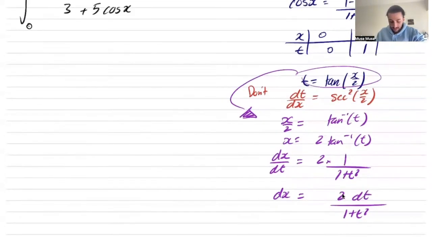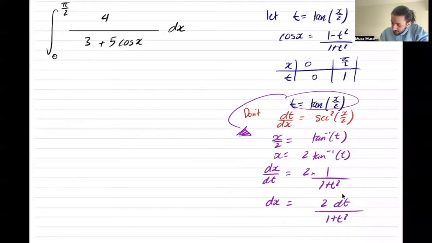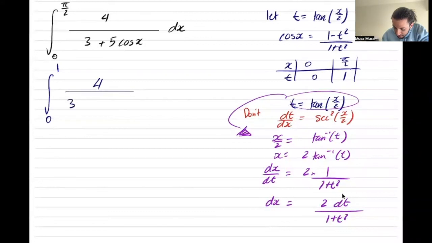So now you come to this one here, and this becomes the integral from 0 to 1 of 4, that stays there, over 3 plus 5 times bracket 1 minus t squared over 1 plus t squared, times 2 over 1 plus t squared dt.